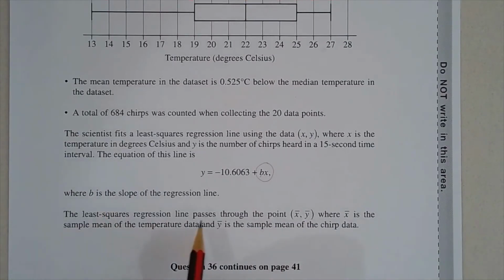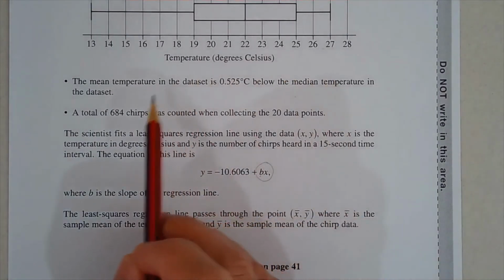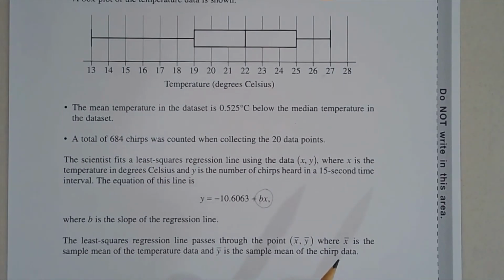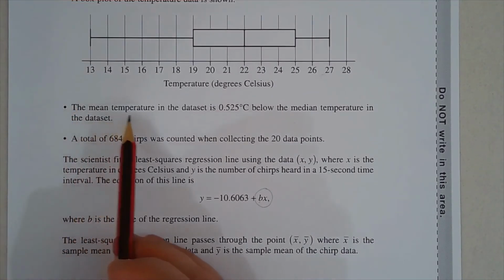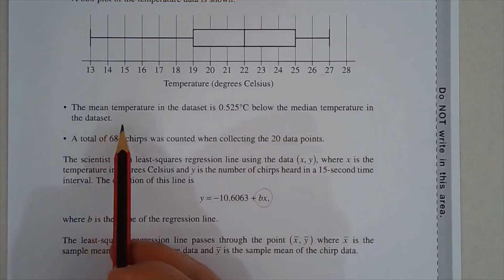Now, x bar is the average temperature. Let's go to the box-and-whisker plot. The second point is that the mean temperature in the data set is 0.525 degrees Celsius below the median temperature in the data set.